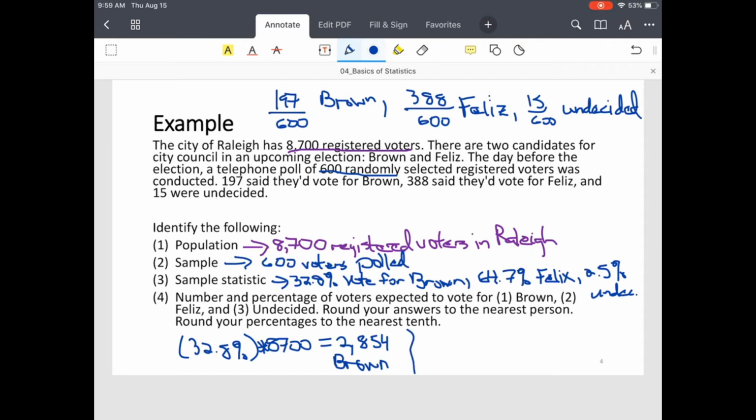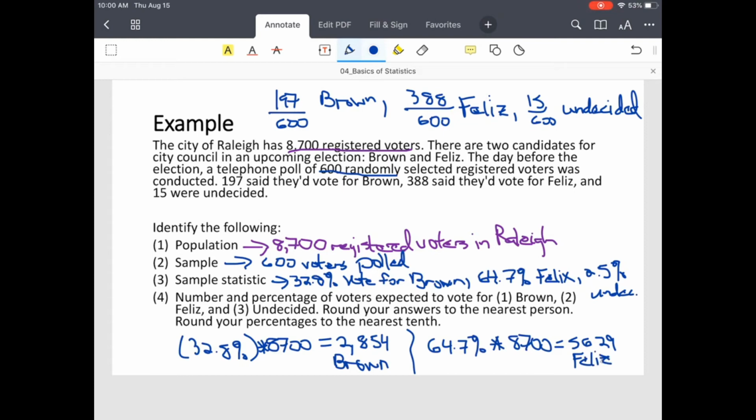Feliz has, based on our sample, if we've done this right, Feliz should get 64.7% of the voters. So we're going to go 64.7% times 8,700, and we get 5,629. I'm going to say that's how many voters will vote for Feliz.